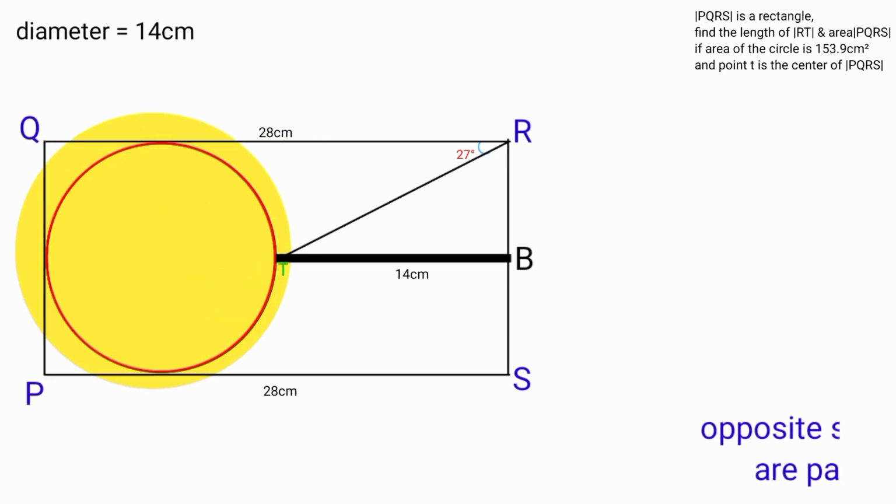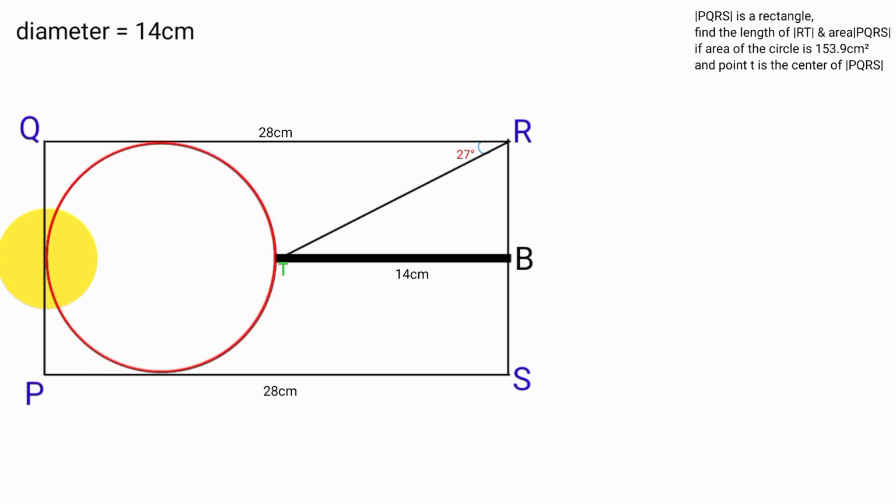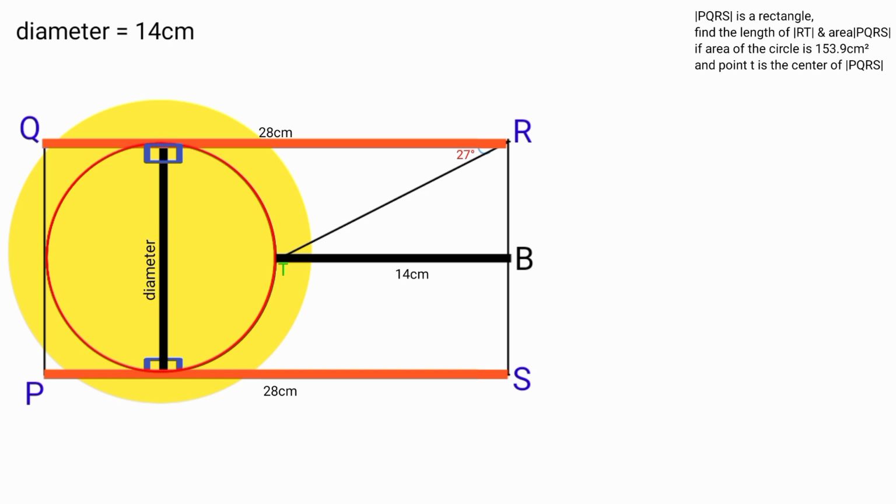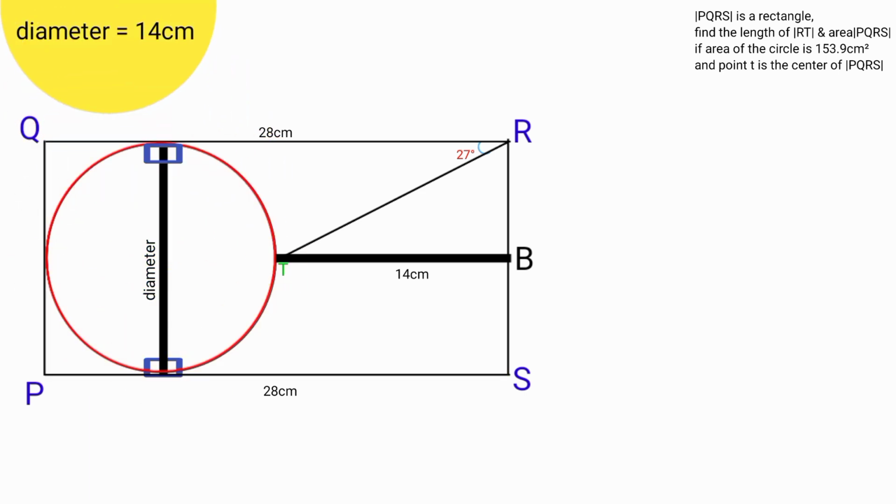Now if you come back here, drawing a line also parallel to this line PQ from this point down to this point, the line we just drew is also a diameter because it is perpendicular to these two tangents, and we have the diameter to be 14 centimeters. So this line is also 14 centimeters.